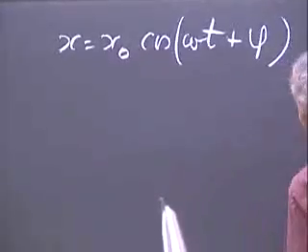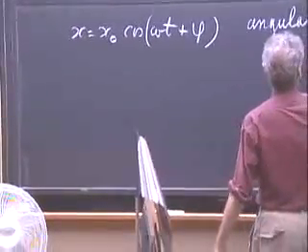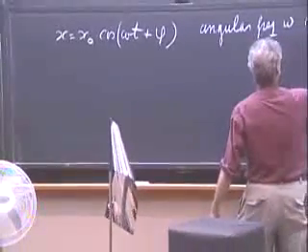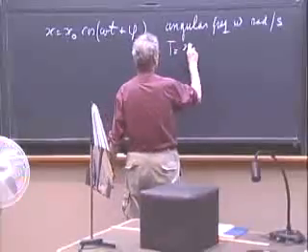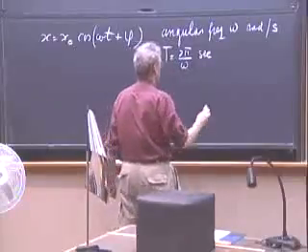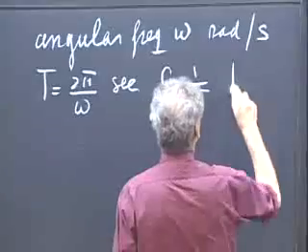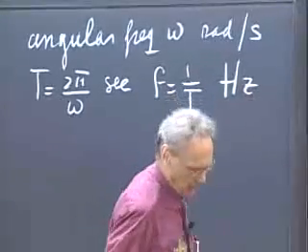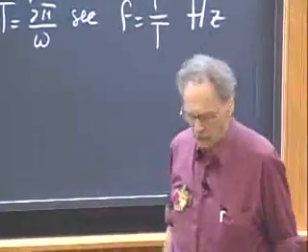It's the largest displacement from equilibrium. Omega is the angular frequency, which we express in terms of radians per second. The period T, 2 pi divided by omega, is then expressed in terms of seconds. And the frequency f, which is 1 over T, is what we call hertz, the number of cycles per second. Do not confuse omega with f. There's a factor of 2 pi difference.